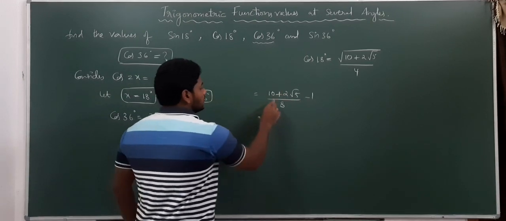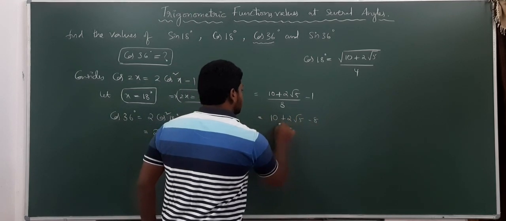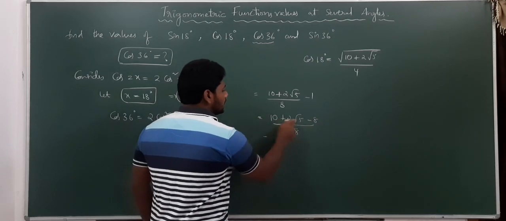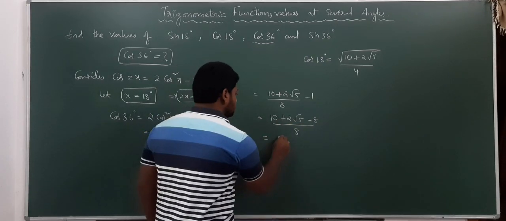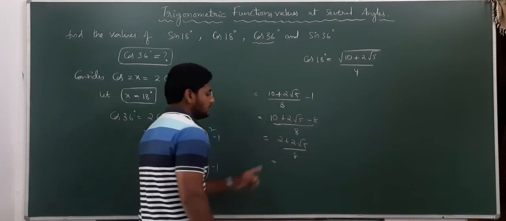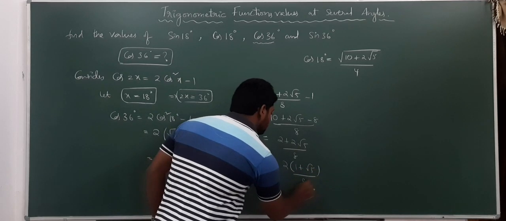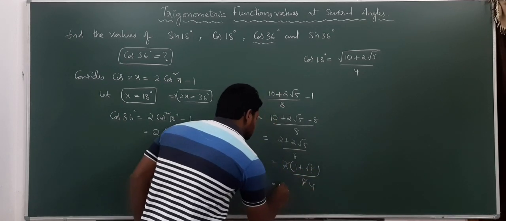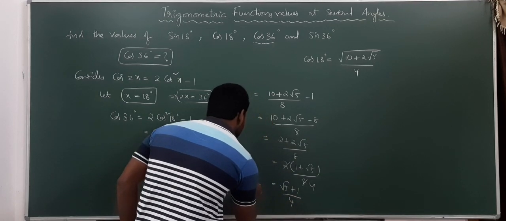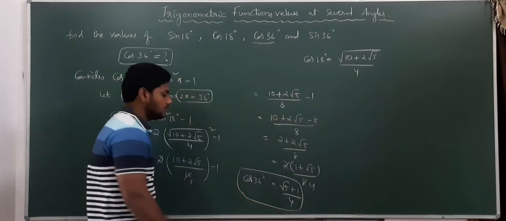Now we simplify, take LCM, 10 plus 2 root 5 minus 8 by 8. This is LCM. So 10 minus 8 is 2, plus 2 root 5, divided by 8. If you take 2 common, it will become 1 plus root 5 by 8. 2 ones are 2, 2 fours are 8, which is equal to root 5 plus 1 by 4, which is cos 36 degrees, which is equal to root 5 plus 1 by 4.